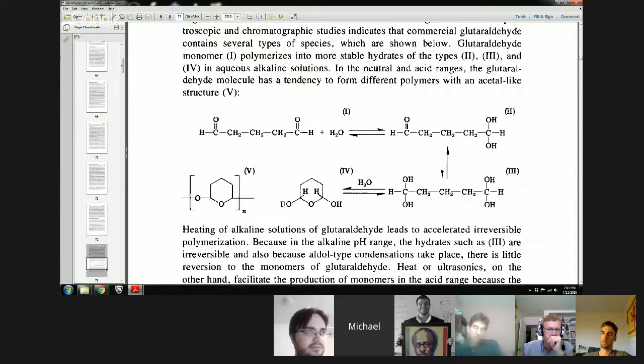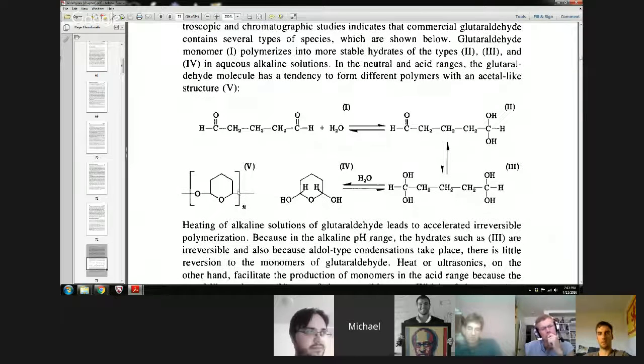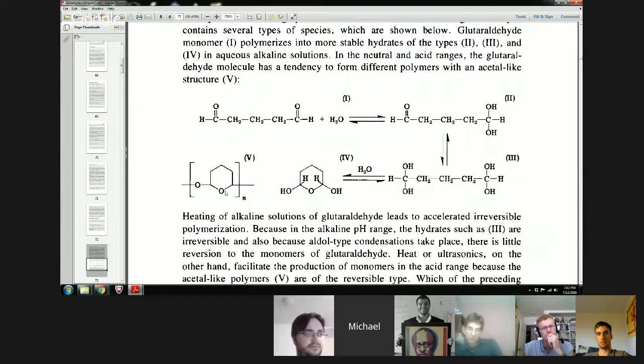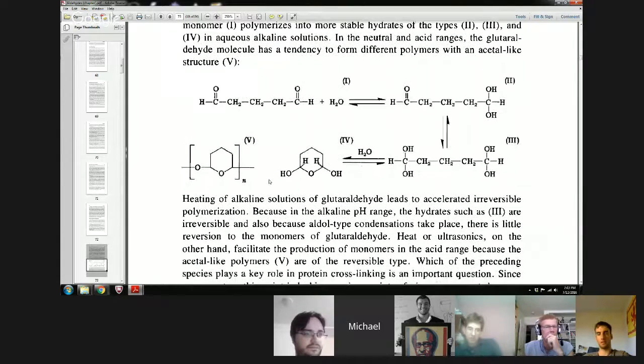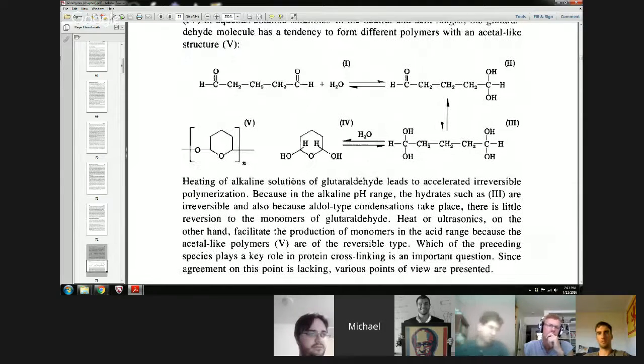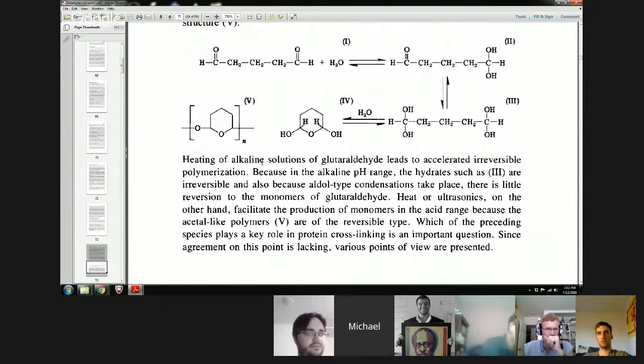The hydroxyls can link up, and you can get multiple glutaraldehyde molecules, as many as you need in this kind of polymer. And then there's a question of whether this is a reversible reaction or not. That could be important, and I'll get to that too.